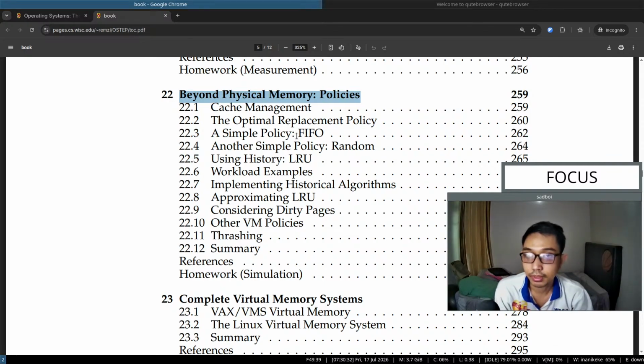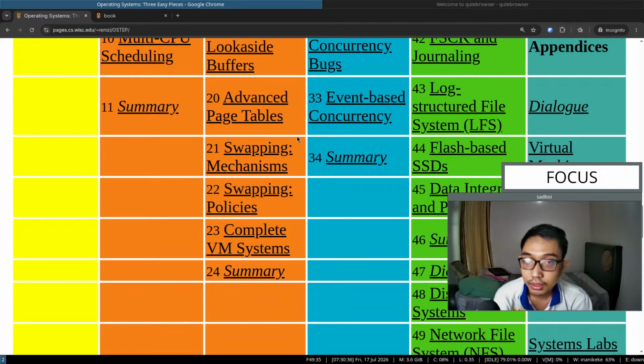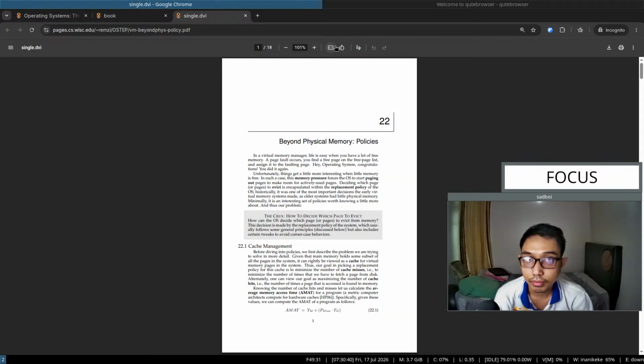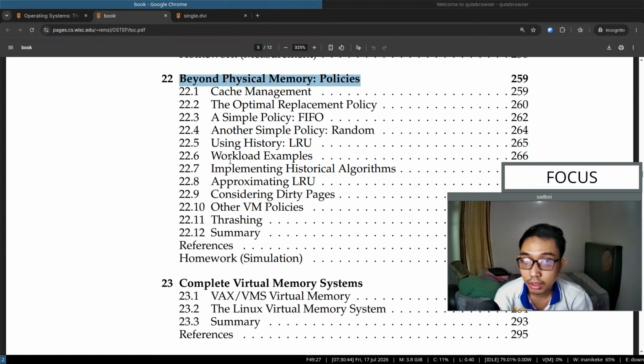Let me open that. If I remember correctly, we are on this section, using history to LRU, least recently used.